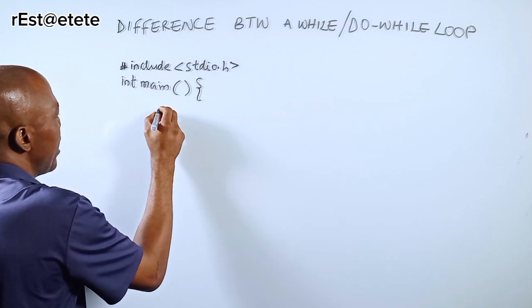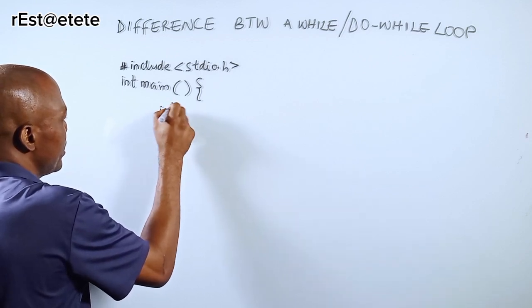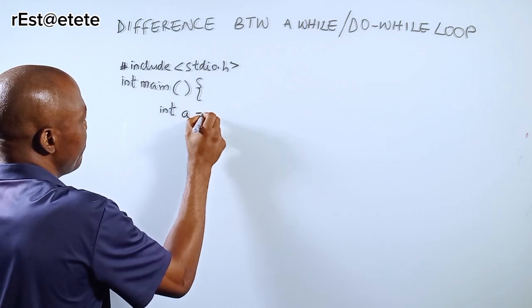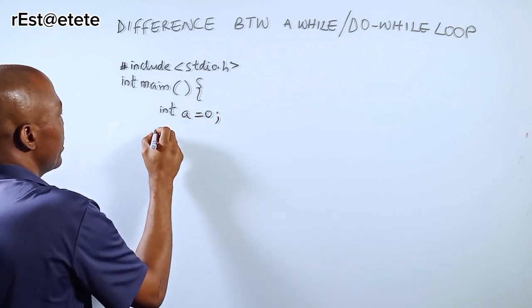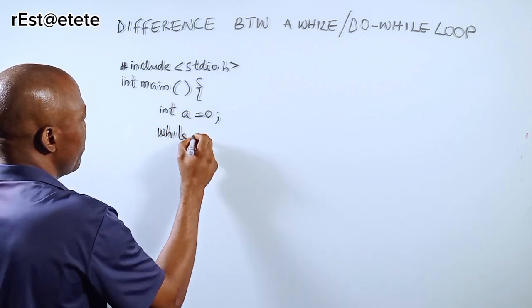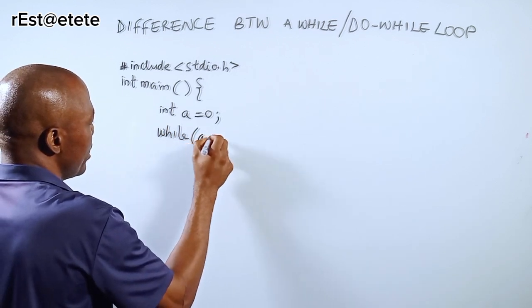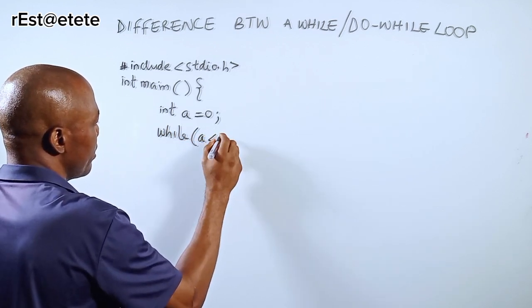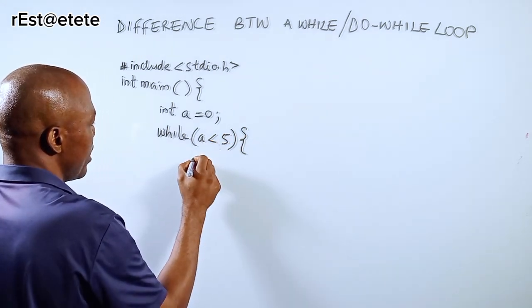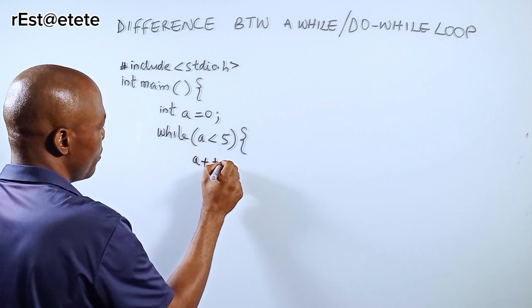Inside here, I'll declare an integer variable a and assign the value 0 to it. Then I will say while the condition a less than 5, I will do this. I will increment a plus plus.